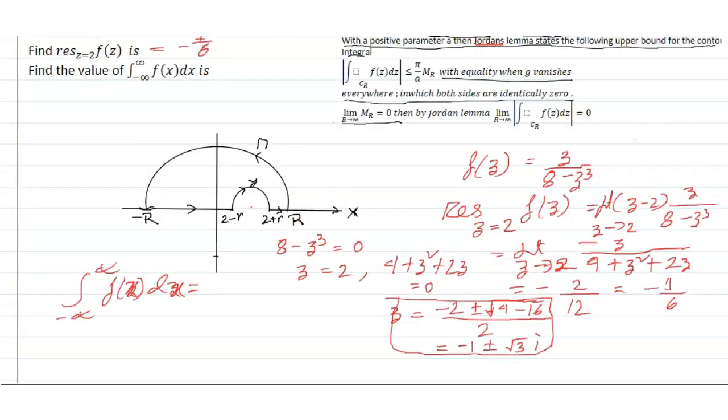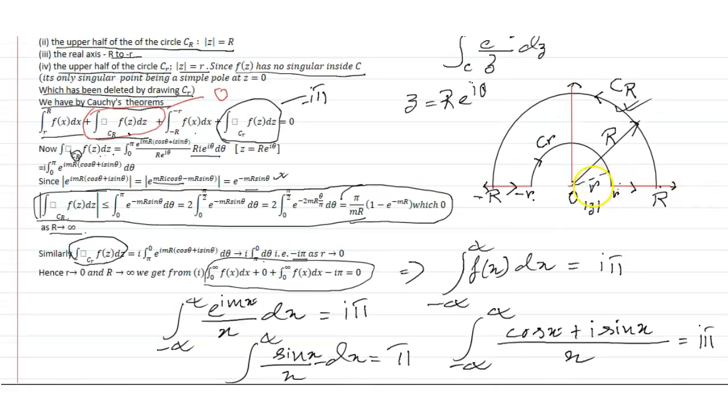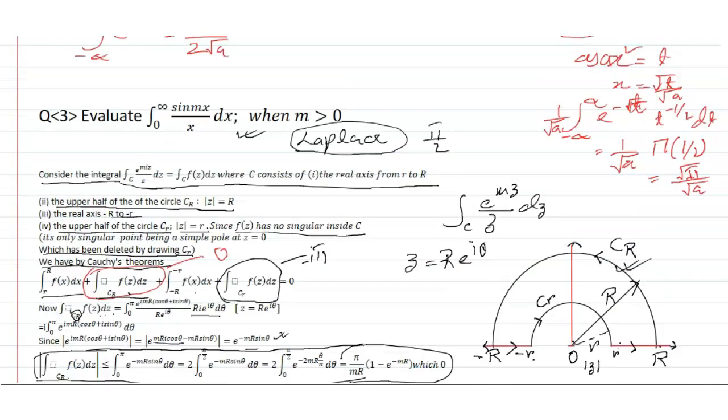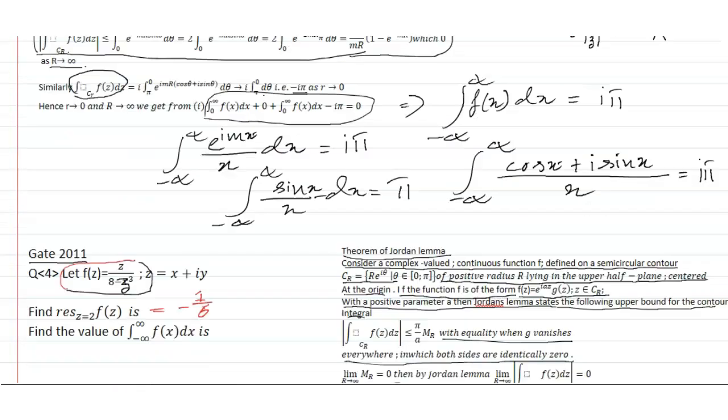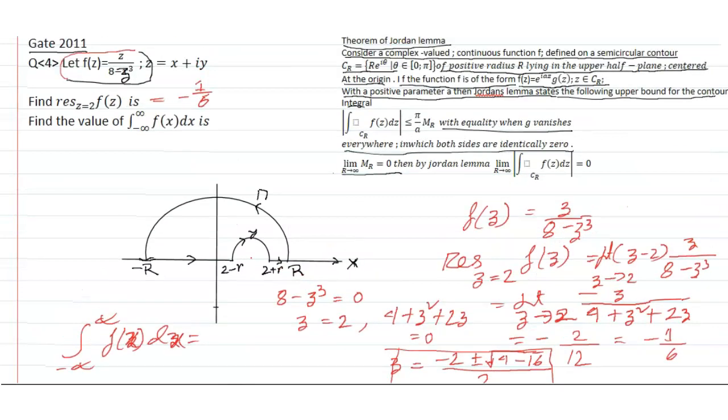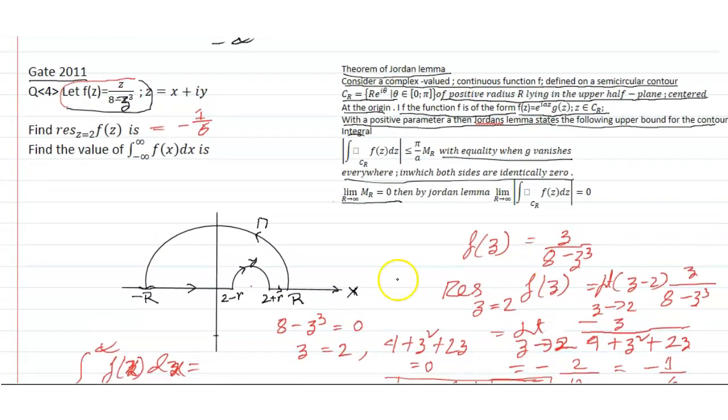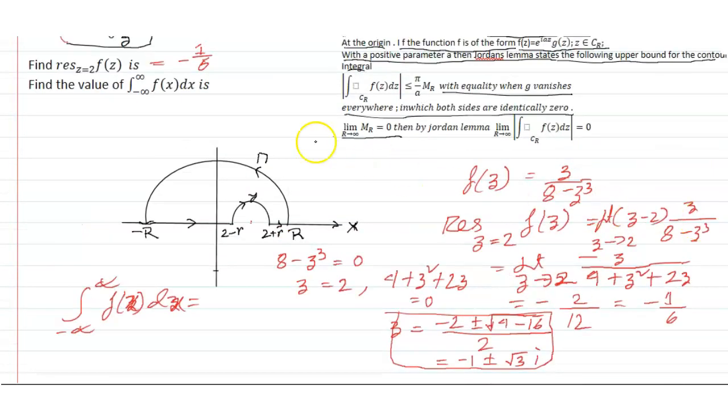This problem is the same type of problem, friends. In here you get that 0 is the pole, so we draw a small r, but in here we get another point that is root 3i. That point is root 3 and that point is minus 1.